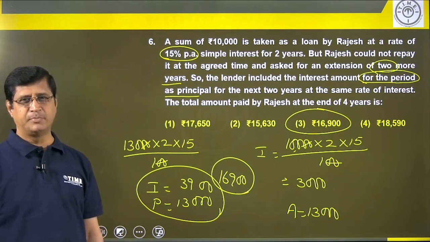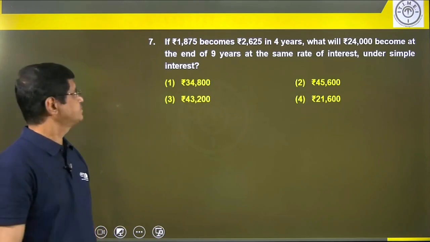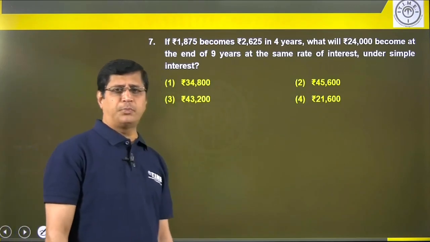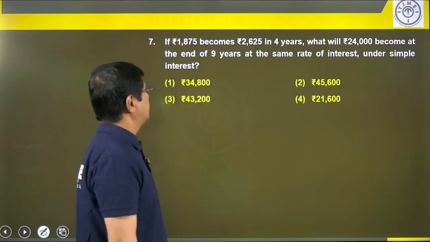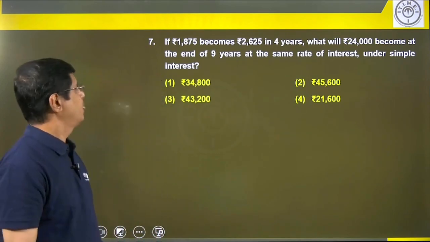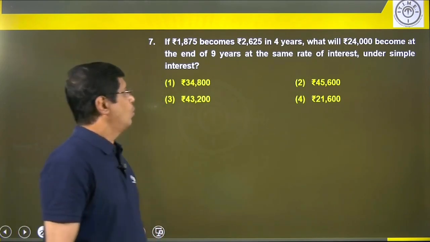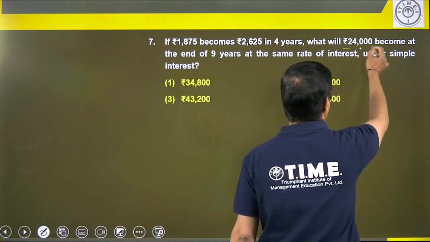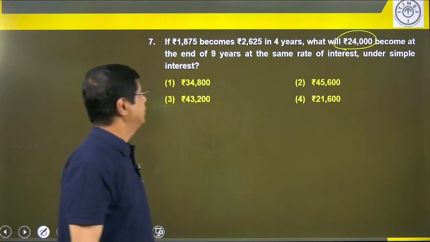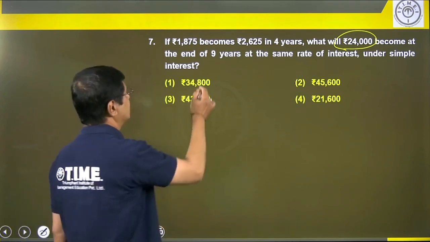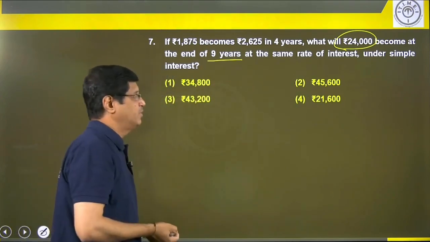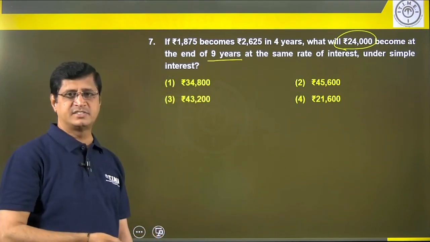Now look at the next example on your screen. If rupees 1875 become 2625 in 4 years, what will rupees 24,000 become at the end of 9 years, at the same rate of interest under simple interest?